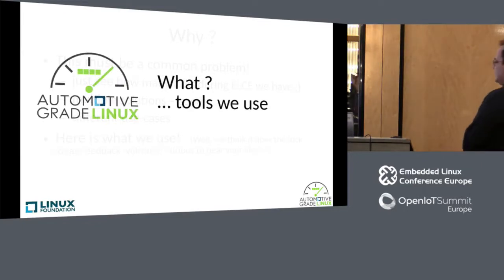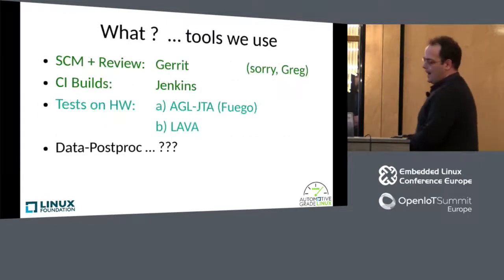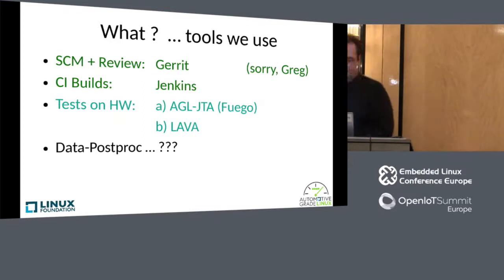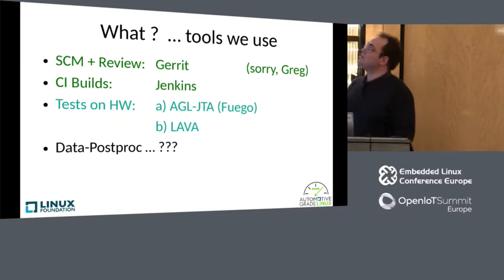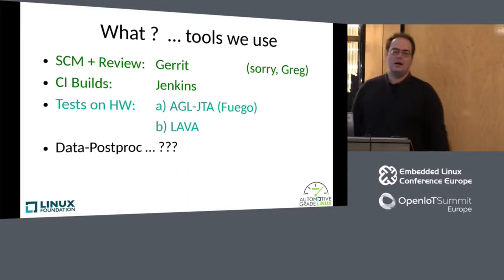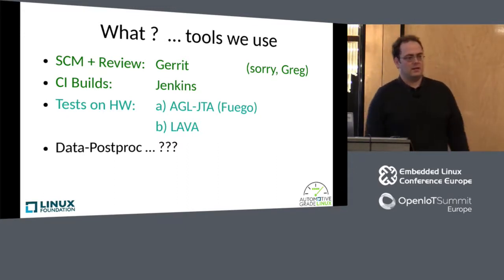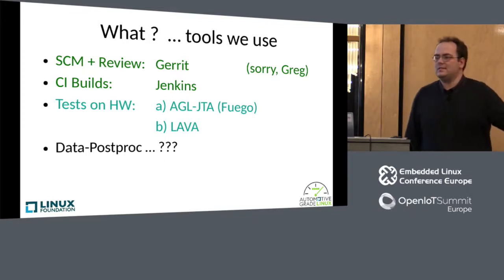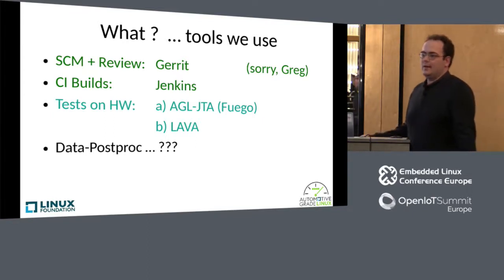So what tools do we use? Pretty much a standard set. Gerrit, yes, we picked Gerrit. Sorry, Greg. For CI builds, we use Jenkins. There are other systems, for example GoCD. Pick your weapon.